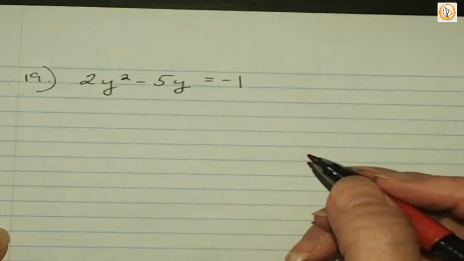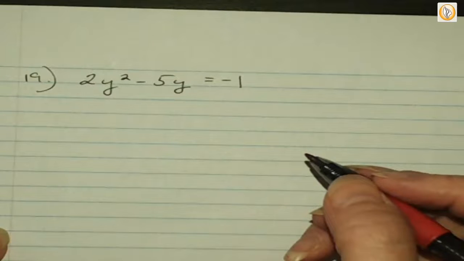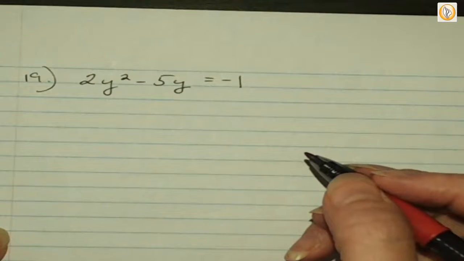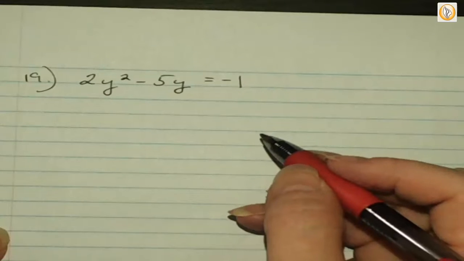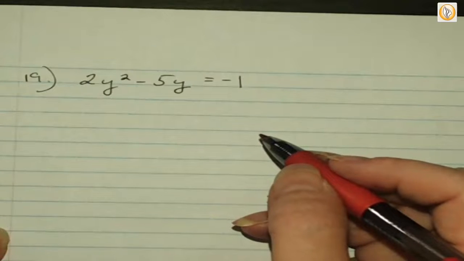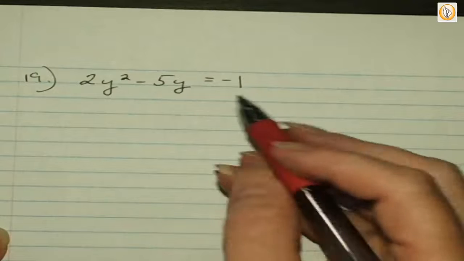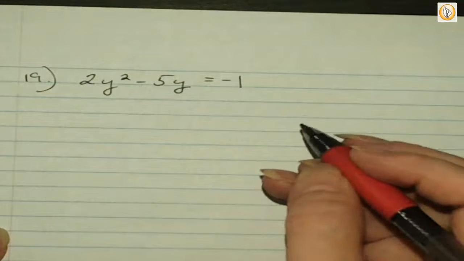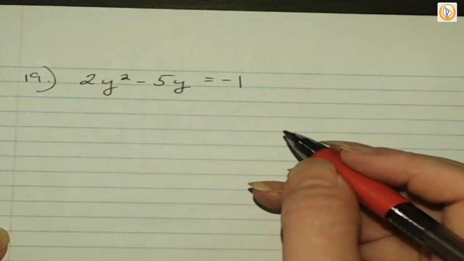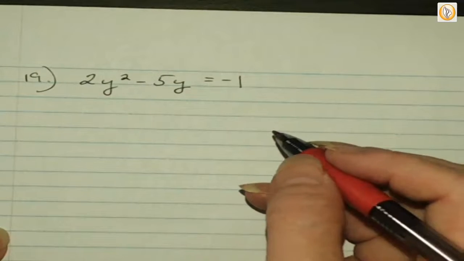Yes. No. What do we need to do? Cecilia, help her out. Cecilia, is this written in standard form? No. What do I need to do to get it to be in standard form? Move the negative 1. Bingo.